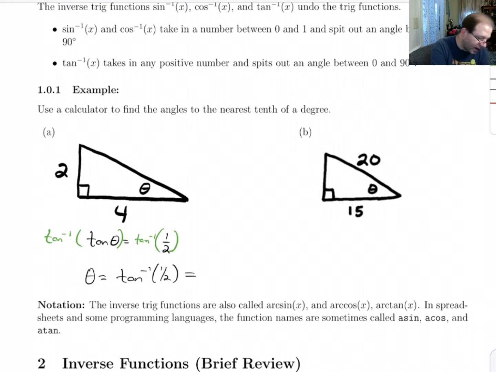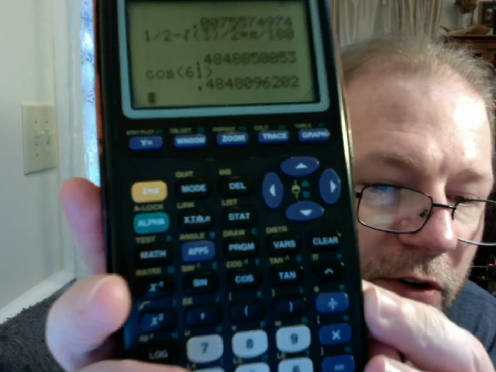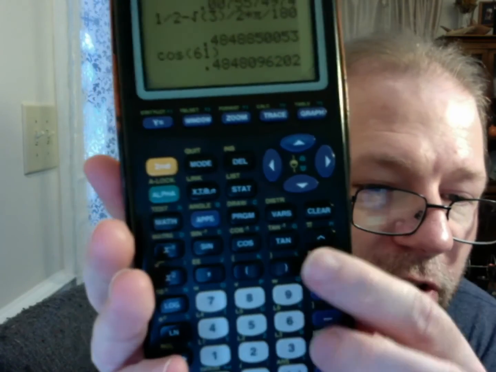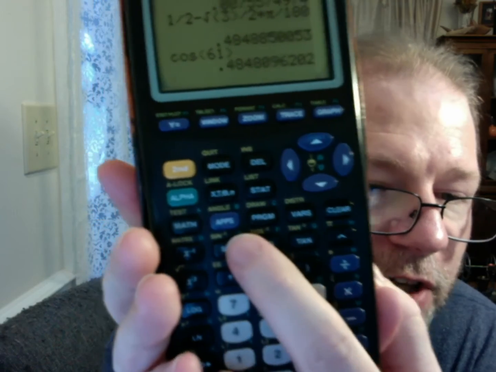And I'm just going to use my calculator to give me that. Now, you've got to make sure I'm in degree mode. The way you do that is you use the second and tan button. Let's see, mode. Yeah, I'm in degrees. Most of you probably know how to do this, but if you look at calculators, on the sine, cosine, and tangent buttons, the second functions up here are inverse sine, inverse cosine, and inverse tan.